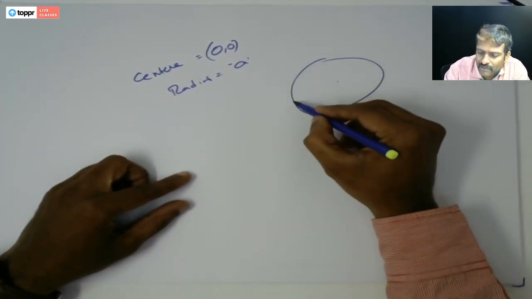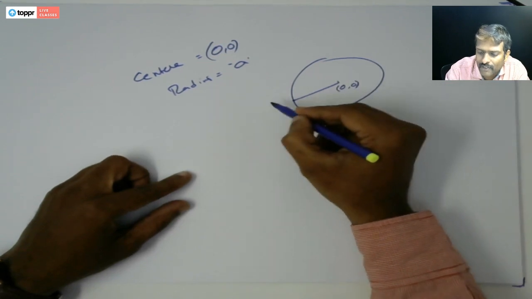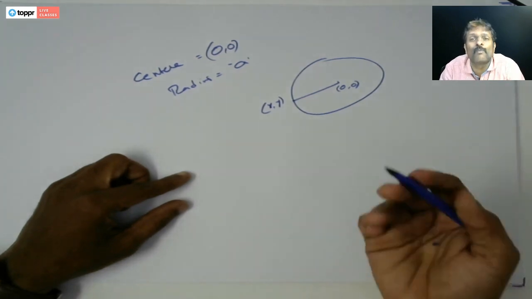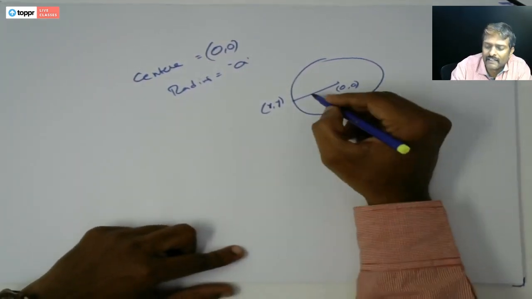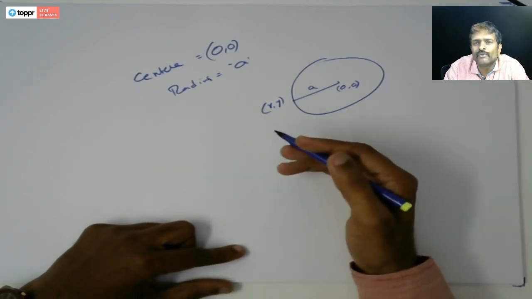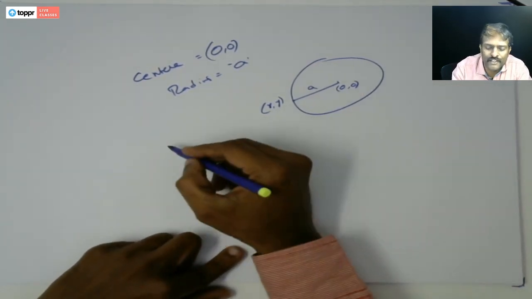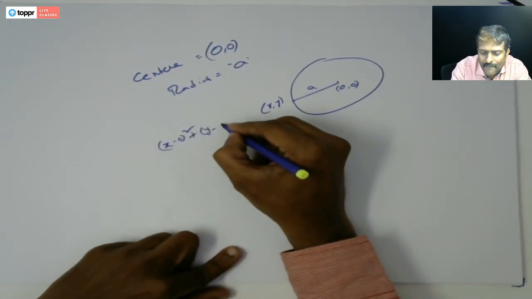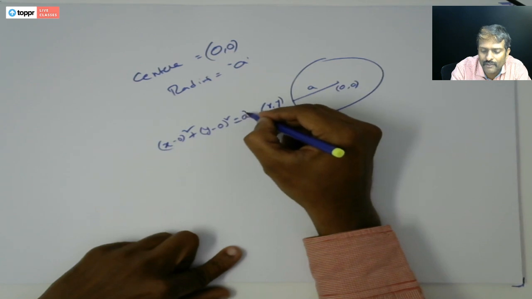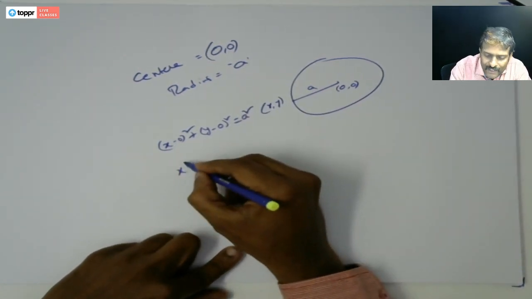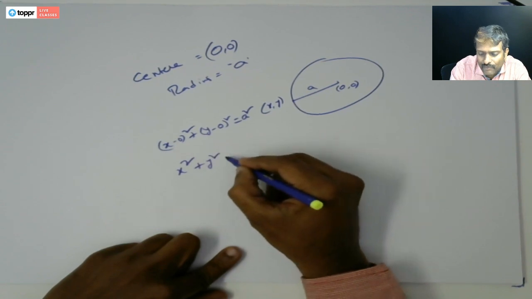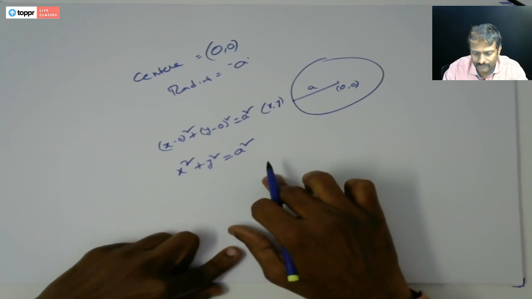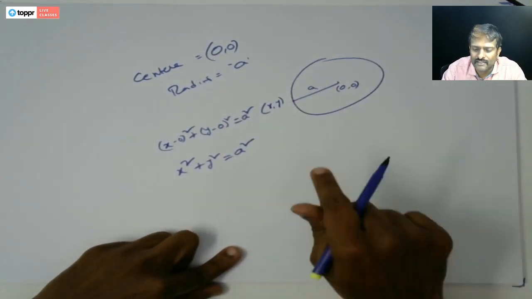Just like the previous case, if you take x comma y as a point on the circle, then the radius square will be equal to the square of the distance between those 2 points, which is x minus 0 whole square plus y minus 0 whole square, equal to a square. So simply we can say x square plus y square is equal to a square is the equation of the circle when the center is at the origin, right?